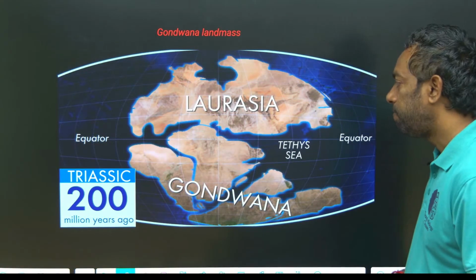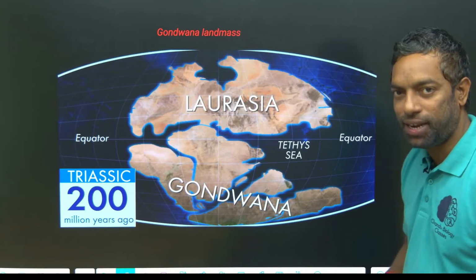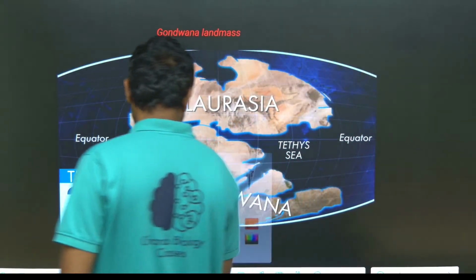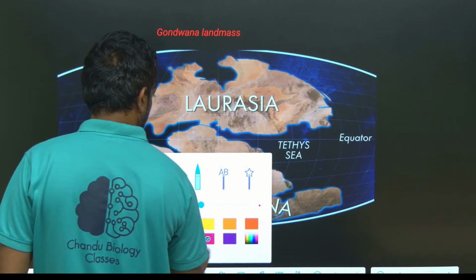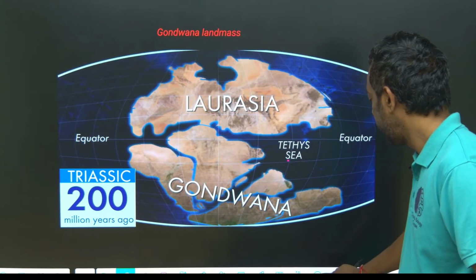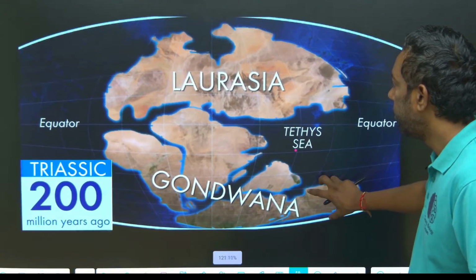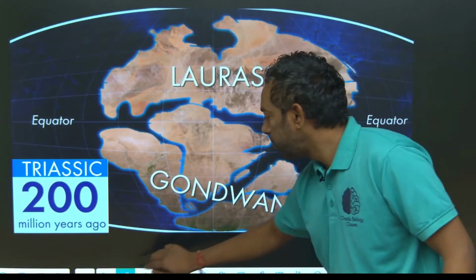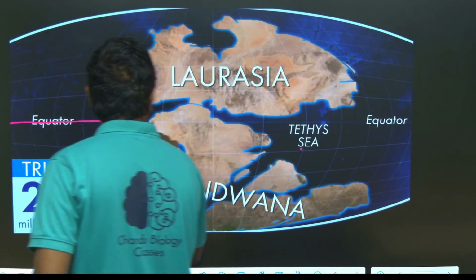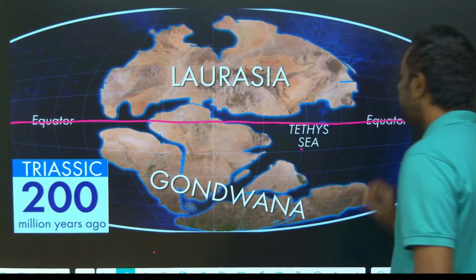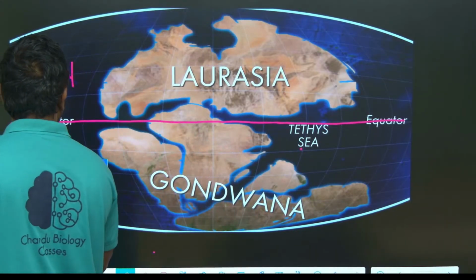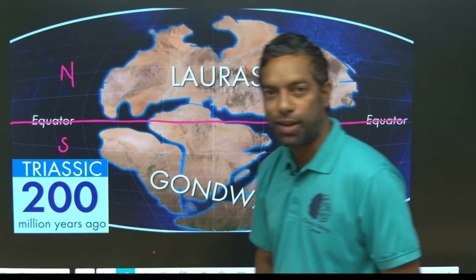Just see this, I'm going to explain it. Where is India located in this place? This is the Equator. It's north and south.